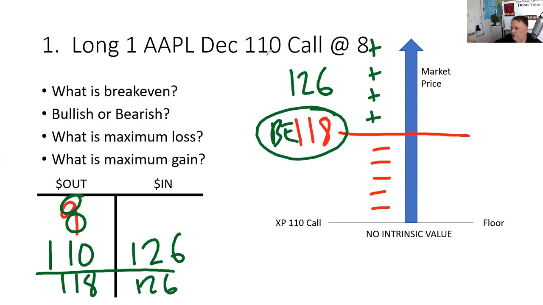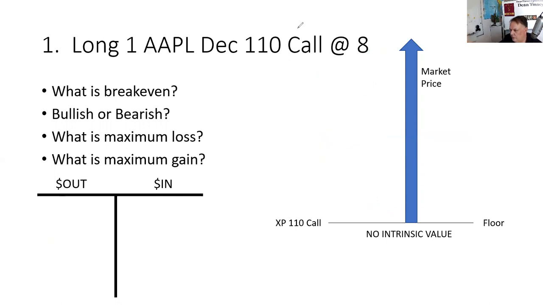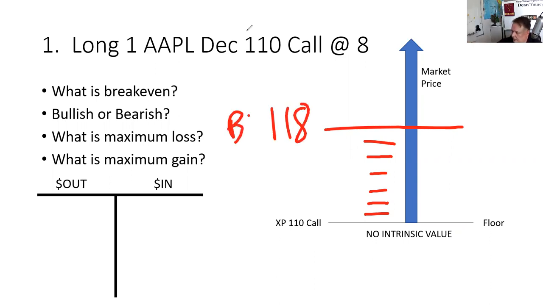Let's look at some different phraseology they might use on the test. So again, they say your client goes long Apple December 110 call at 8, when Apple is 112, who cares?